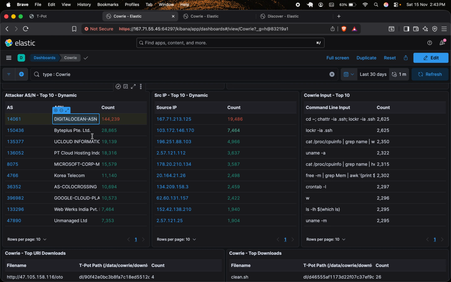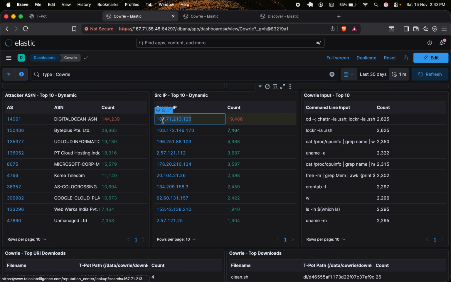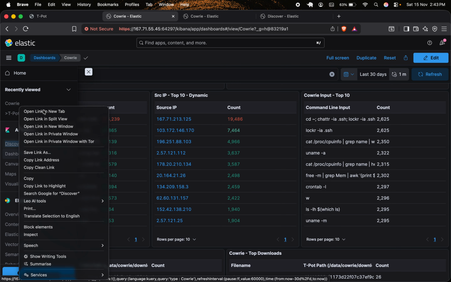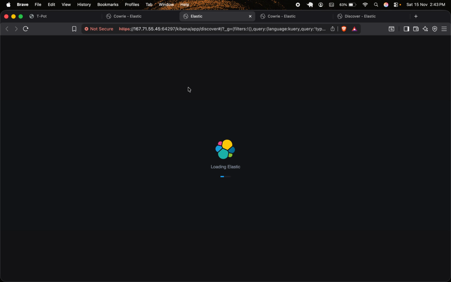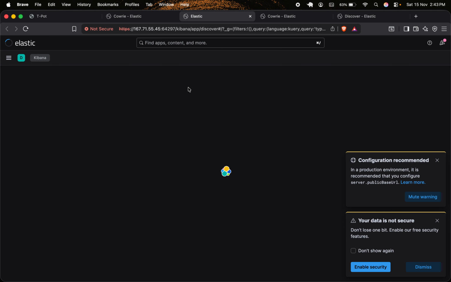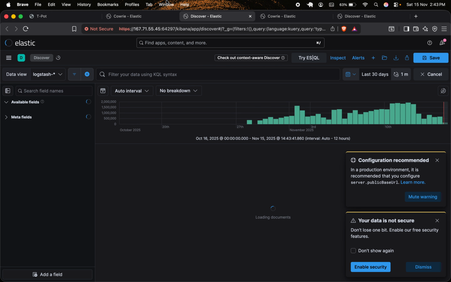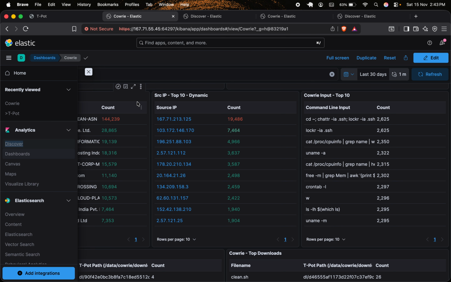And if we go into some deeper analysis, like looking at this IP, which technique this particular IP is using, then we just have to go here, and we come into the Discover section, which is importantly about the logs section. So what we are doing now, we put the IP here, put the container here, and then we see the pattern, like which pattern this attacker uses the most.